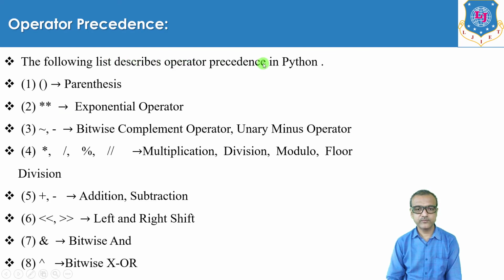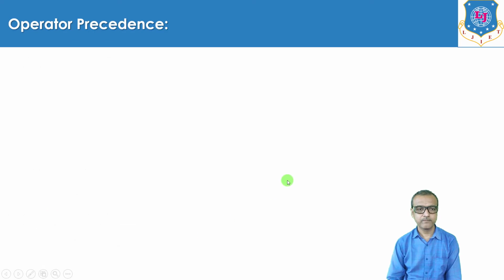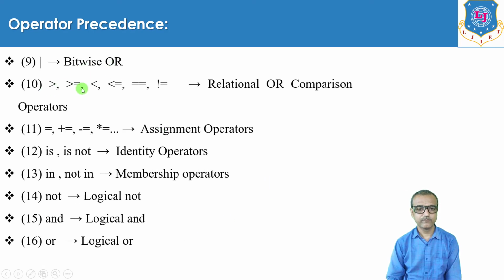The following list describes operator precedence in Python. That is first parenthesis, then exponential operator, then bitwise complement operator and unary minus operator, then multiplication, division, modulo, floor division, then addition, subtraction, left and right shift, bitwise and, bitwise XOR, then bitwise OR, then relational or comparison operators, then assignment operators, then identity operators, then membership operators, then logical NOT, then logical and, and finally logical OR.